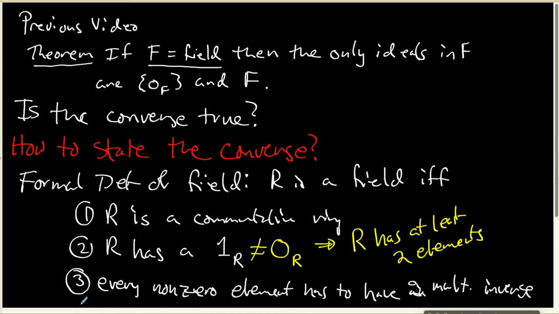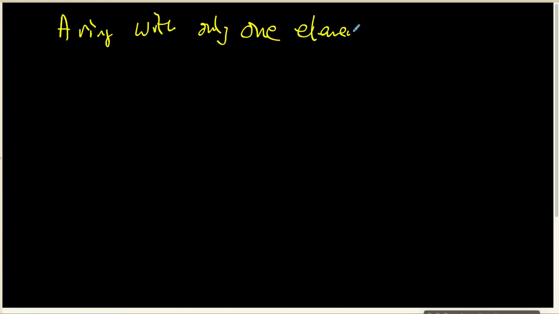So let's actually look at rings that only have 1 element. So a ring with only 1 element. Our 1 element is going to actually be the 0. And it's going to have a plus table that looks very boring. 0 plus 0 is equal to 0.